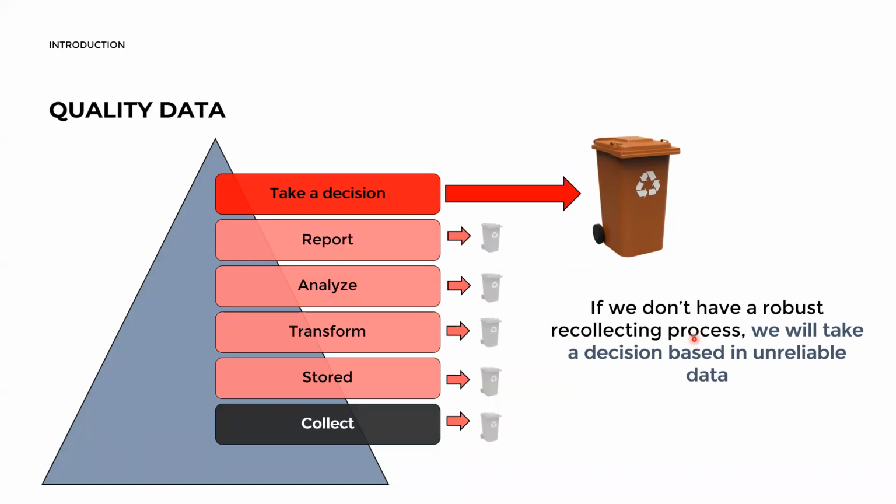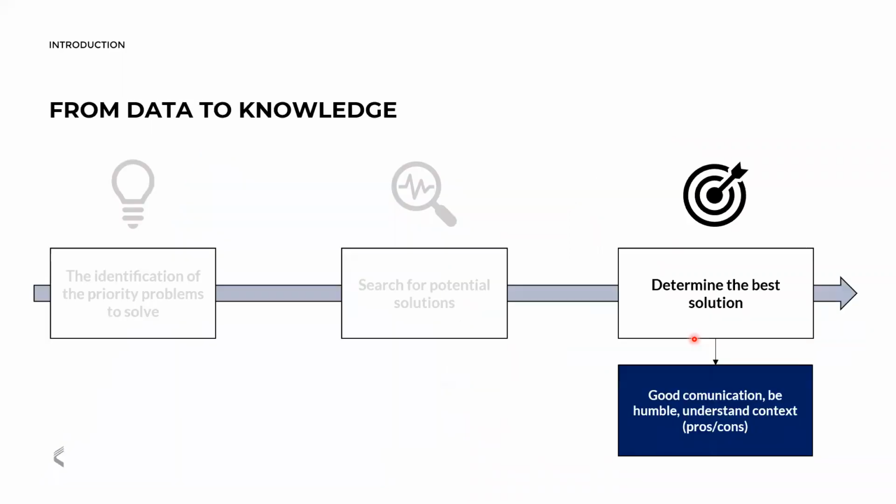So in our process, we must ensure a reliable decision-making process, knowing the range of error. And the last stage is to determine the best solution or get the information across in the right way.